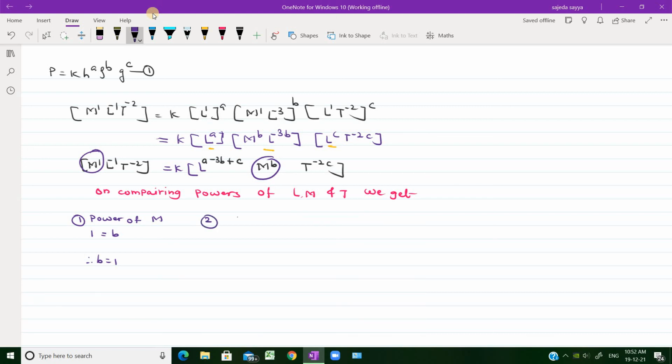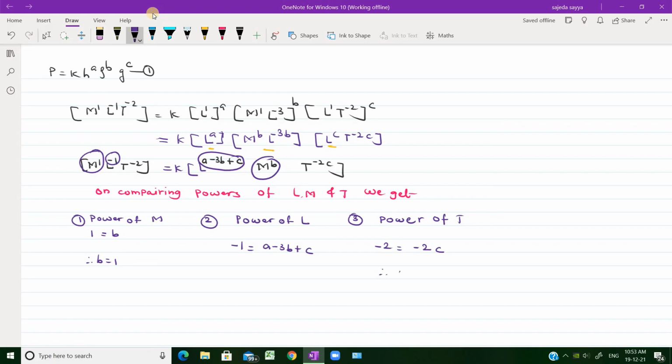Second, power of L on both the sides. Looking here and here, this will be minus 1 is equal to A minus 3B plus C. And third, power of T. Therefore, minus 2 is equal to minus 2C.